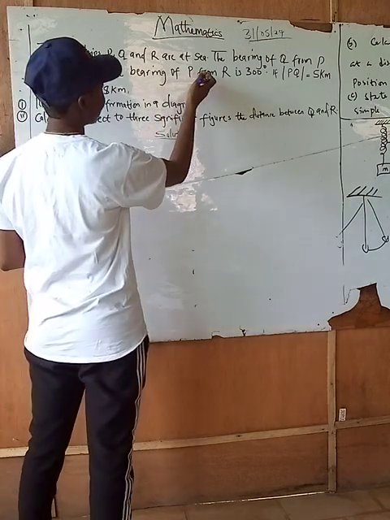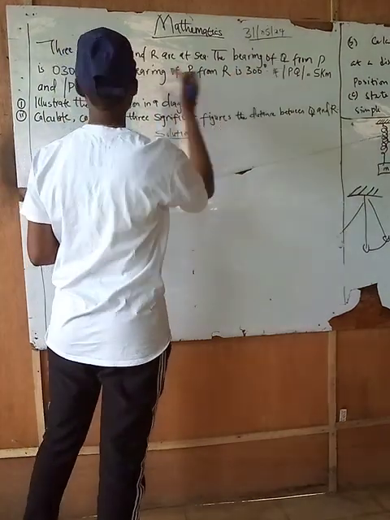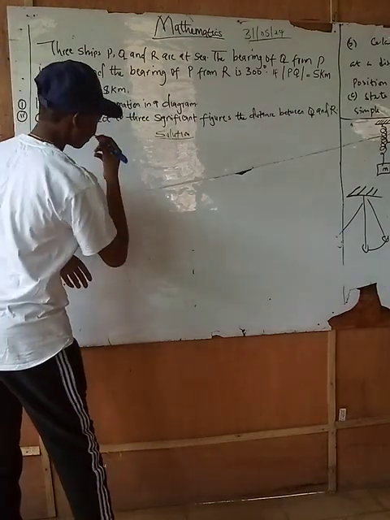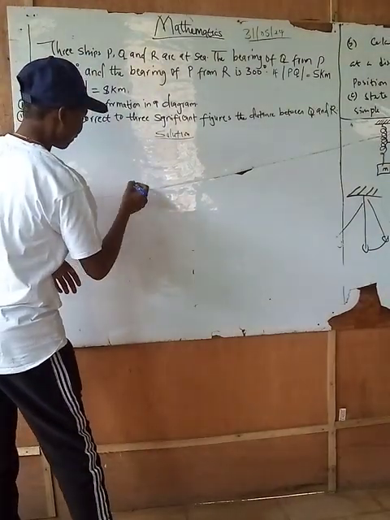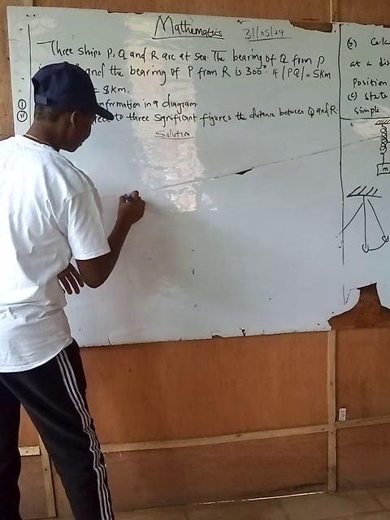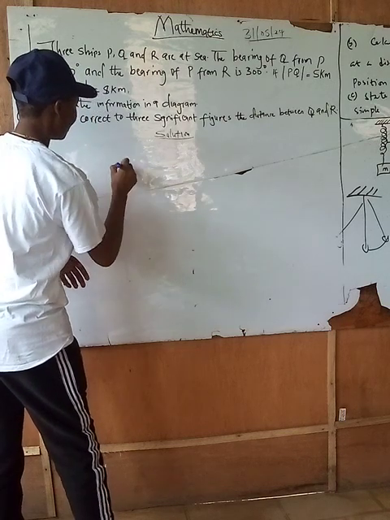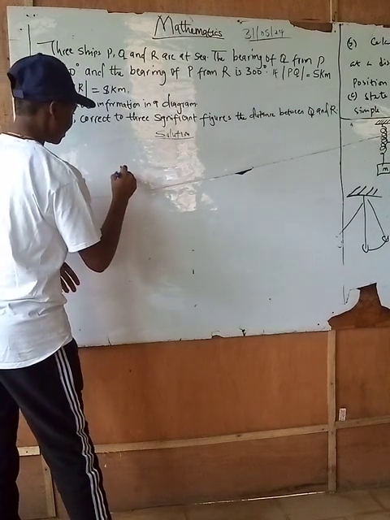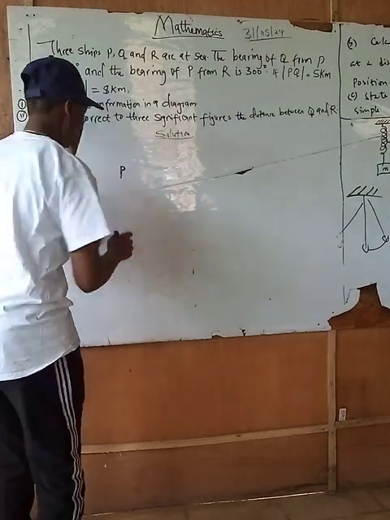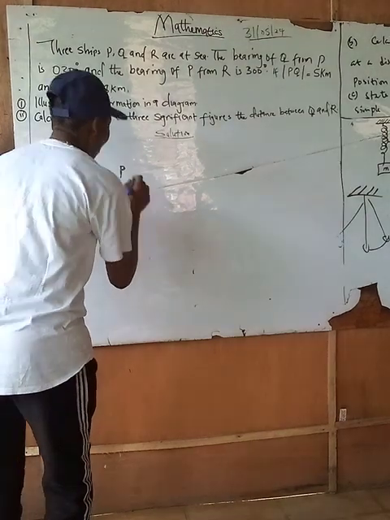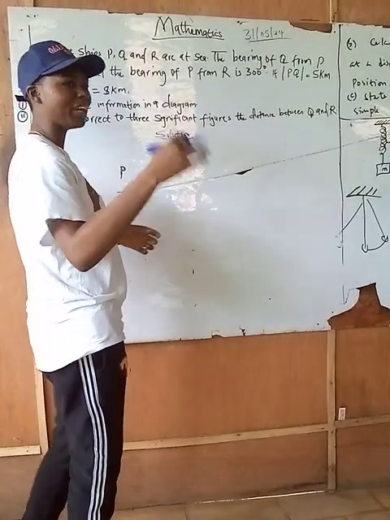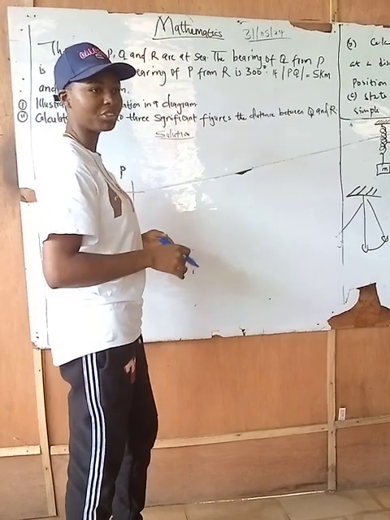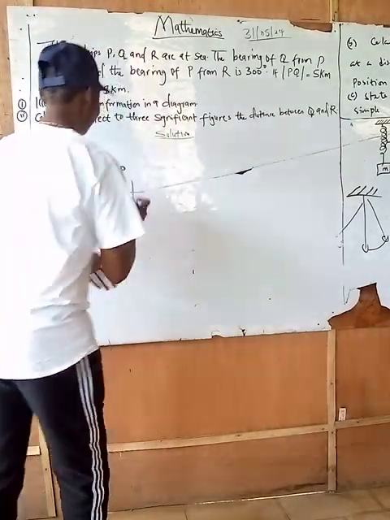And it said the bearing of Q from P is 030 degrees. Okay, now let's say this is our point P. For convenience's sake, please try to indicate your cardinal points.